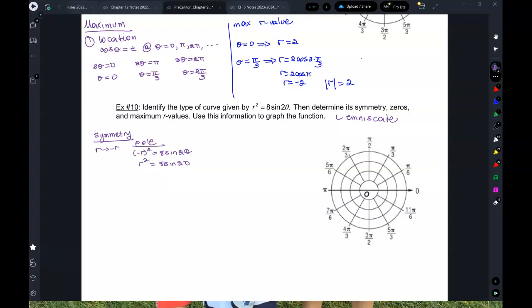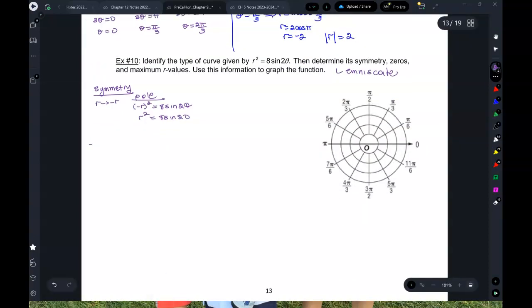Okay, so now let's talk about zeros for a minute. I want to make it a little bit more practical. Zeros, we're basically going to take the function and set it equal to 0.